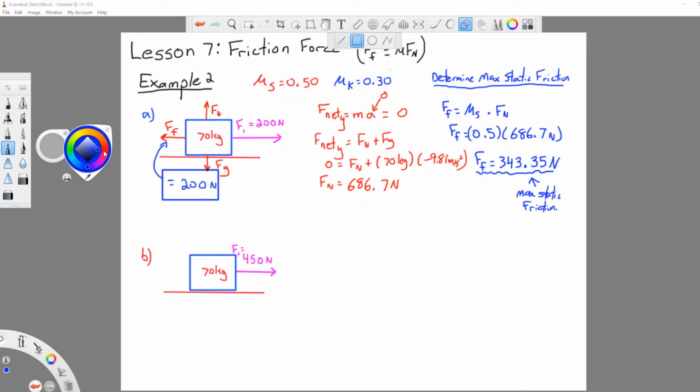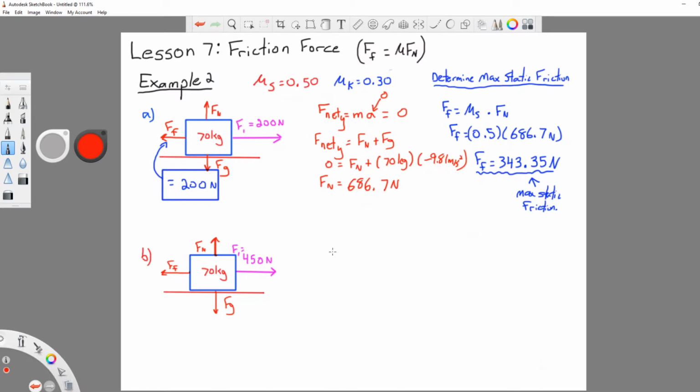Let me sketch on the rest of the forces. Even though they're essentially the same, pulling up we still have force normal. Pulling down, we've still got force gravity. Pulling back, we still have force of friction.